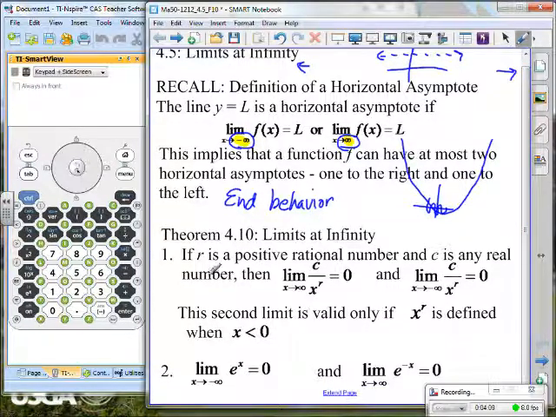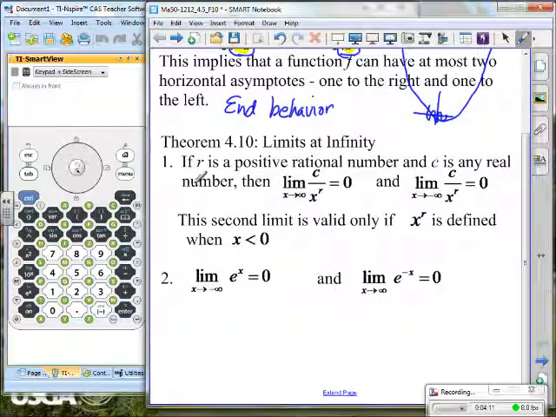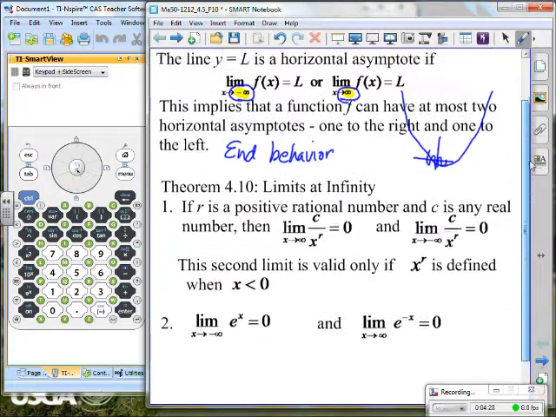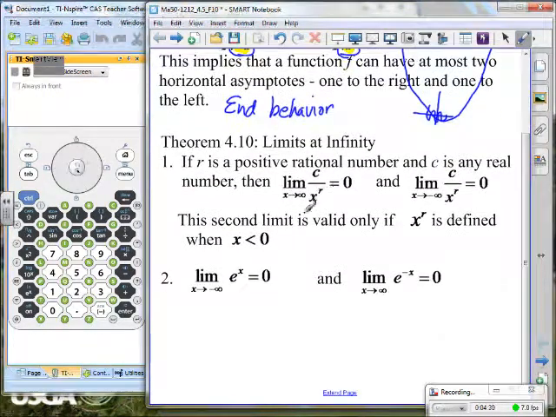Limits at infinity. If r is a positive rational number, of course, it can be 1/2, 1/3, and so forth, and c is any real number, then c divided by x to the r is still 0 as x goes to infinity. What I want to show you here is, I want you to think of this intuitively.